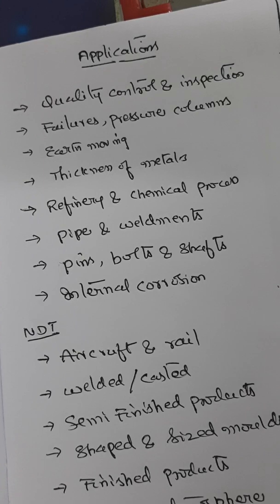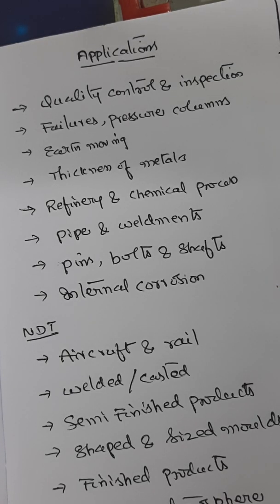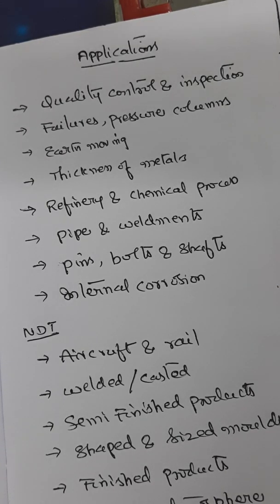For example, ultrasonic inspection is used for quality control and material inspection in almost all major industries. These techniques are used in the inspection of failure of railroad rolling stock axles, pressure columns and earth moving equipment, mill rolls and mixing equipment, etc.